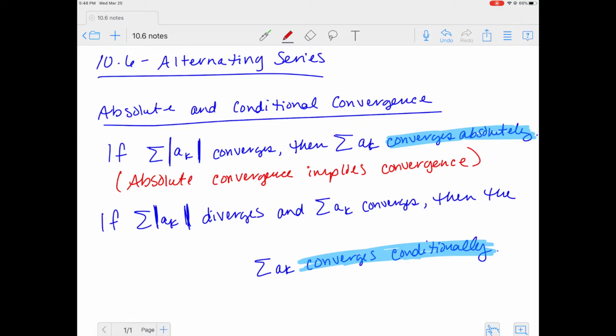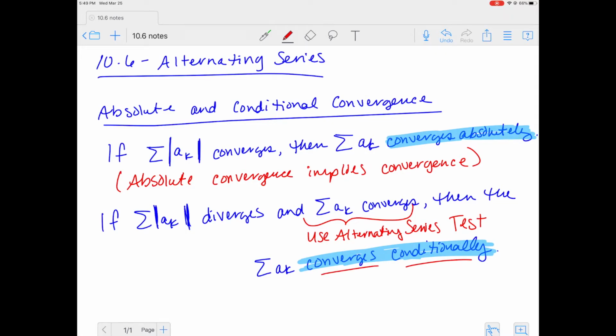If your absolute value diverges like this, then to determine this part, we're going to use the alternating series test. So in reality, you are only going to use the alternating series test to determine conditional convergence.